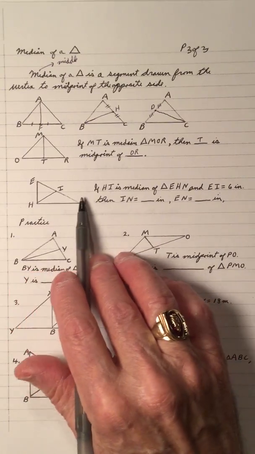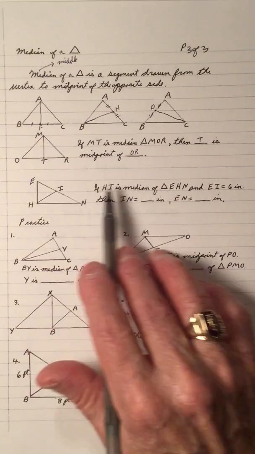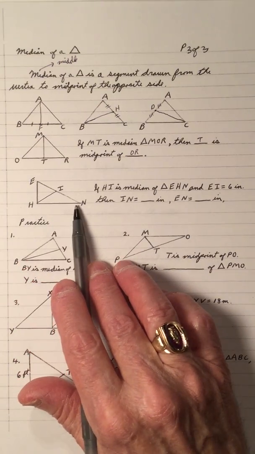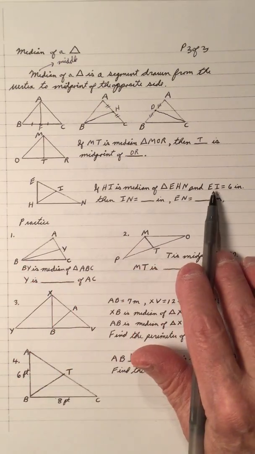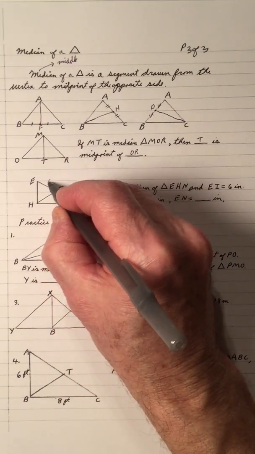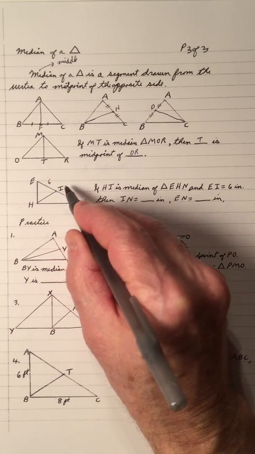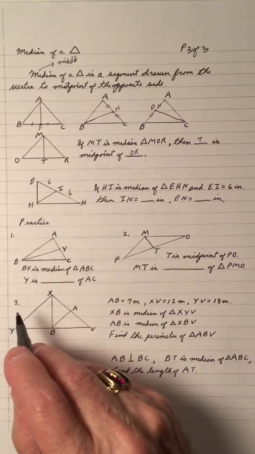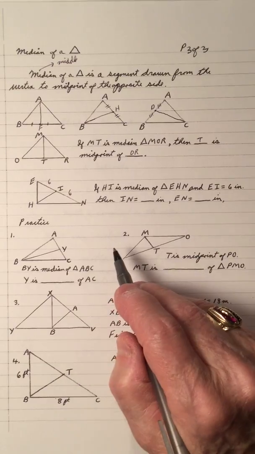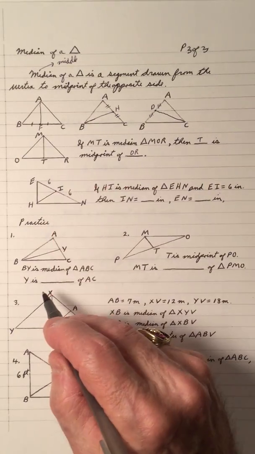Another diagram says if HI is a median of EHN, and if EI is 6, then because that's a median, that's the midpoint. That means that IN is 6 inches, and that means that EN is 6 and 6 makes 12.